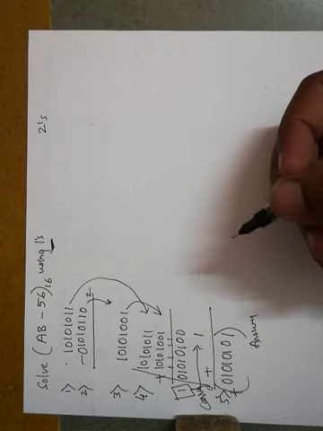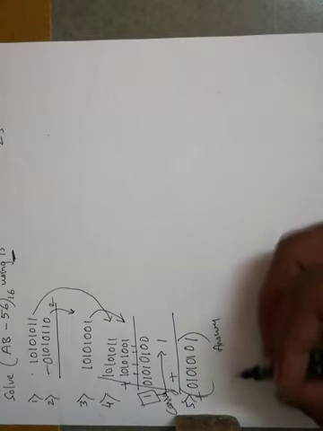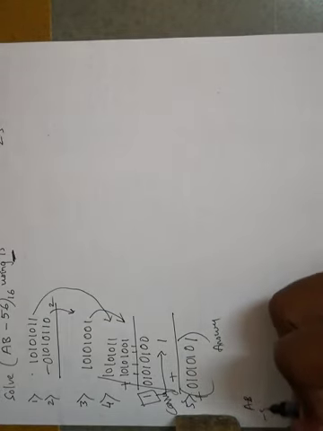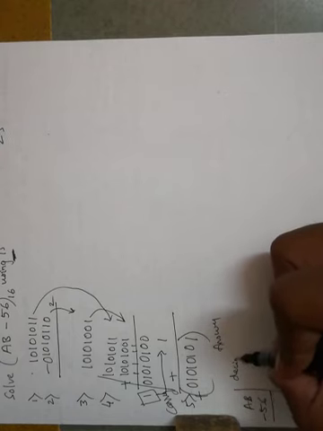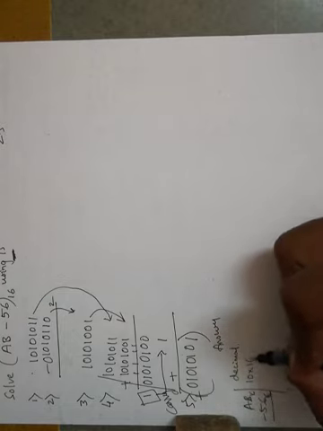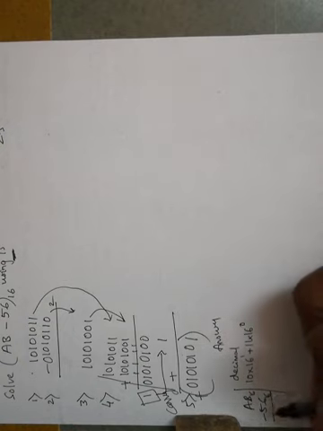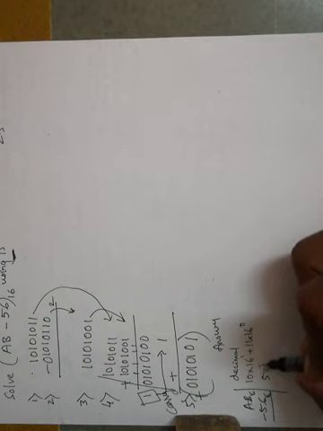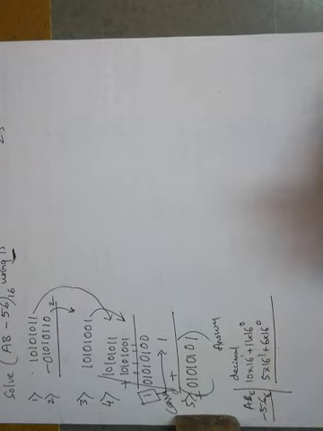Like I said, it's always a good habit to verify the answers. So what we'll do is AB minus 56, because we are good with the decimal number system, we'll try to convert this into decimal numbers. How to do hexadecimal to decimal? A is 10 into 16 raised to 1 plus B is 11 into 16 raised to 0, 5 into 16 raised to 1 plus 6 into 16 raised to 0.